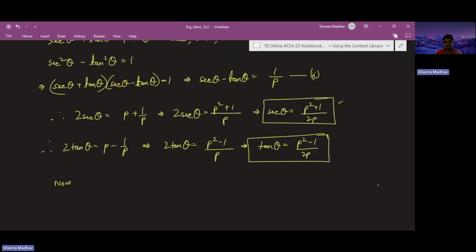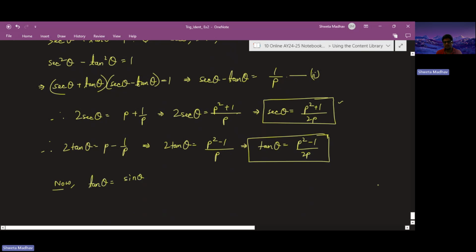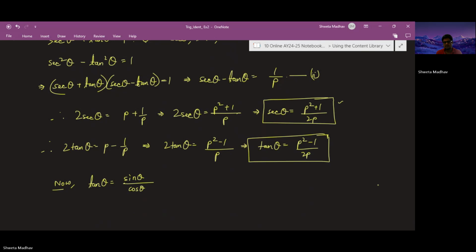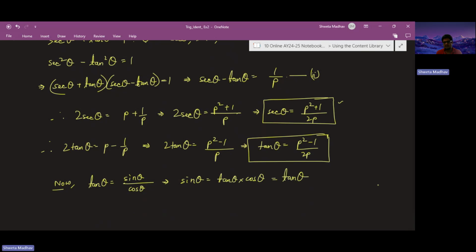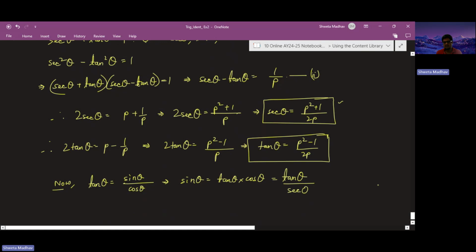Now for sin theta, we know tan theta is equal to sin theta by cos theta. So sin theta can be written as tan theta into cos theta, or we can also say it is tan theta divided by sec theta, since cos theta is 1 by sec theta.